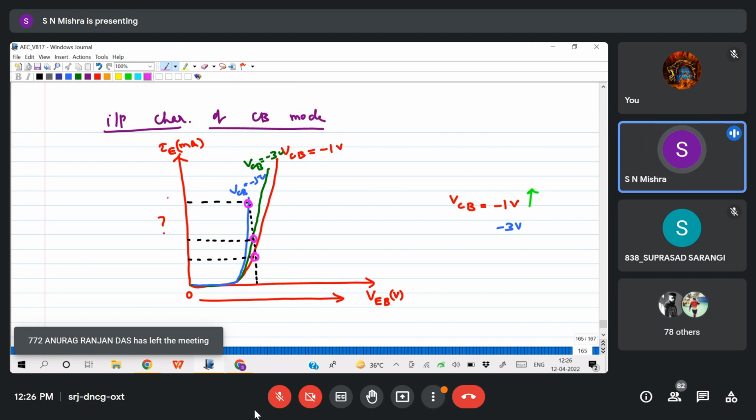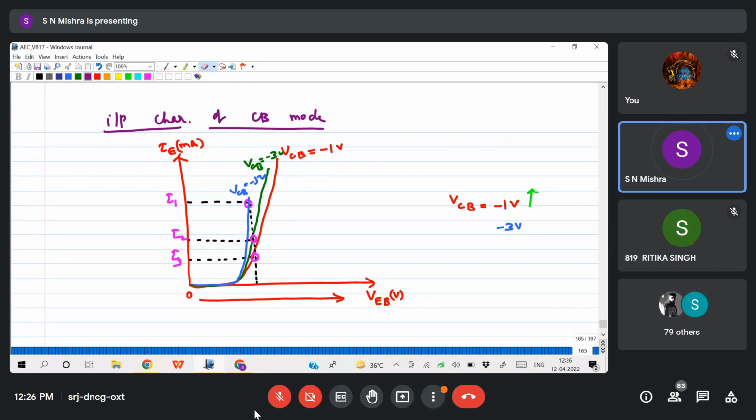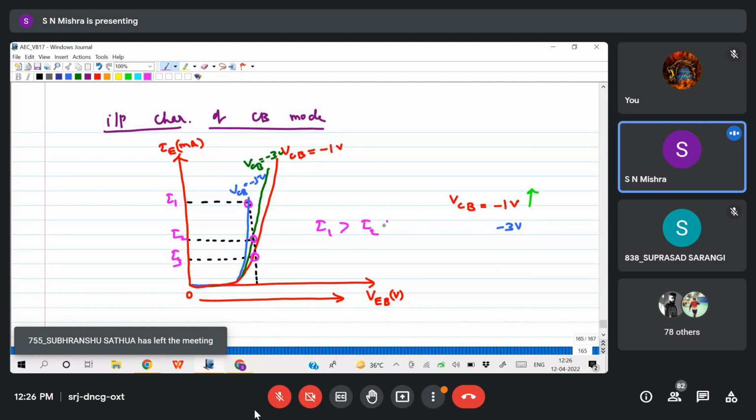So let us take I1, here I2, here I3. Now I1 is greater than I2, greater than I3.